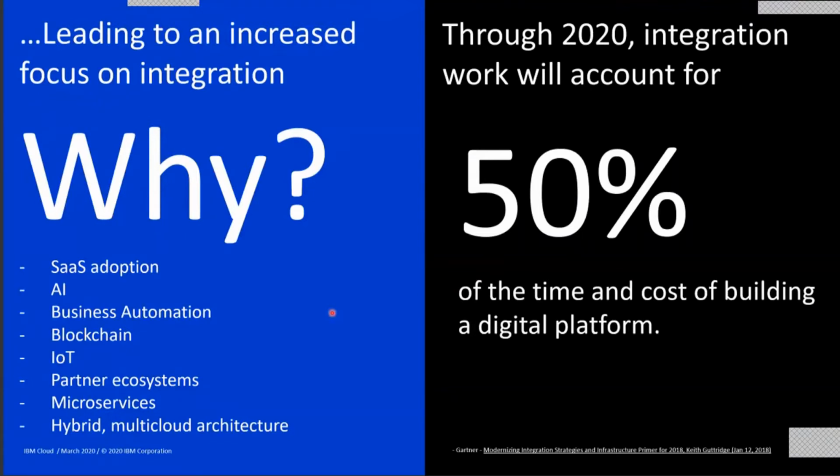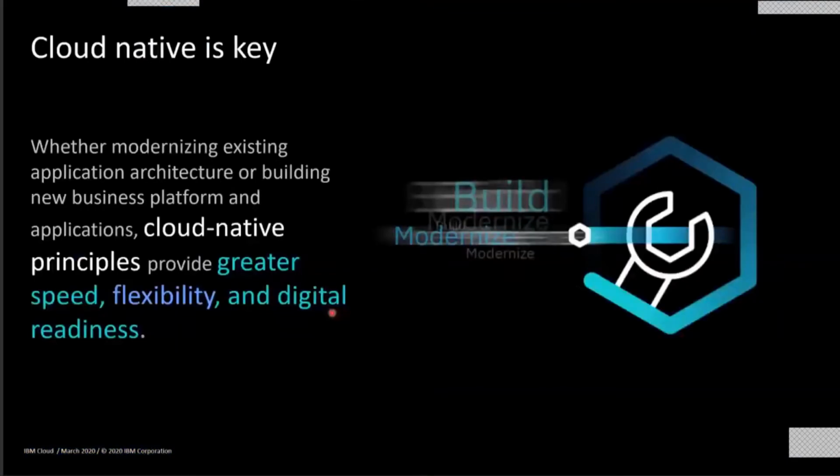Through 2020, Gartner believes that integration will account for 50% of the time and cost of building digital platforms. Cloud native is key. Whether modernizing existing applications, application architecture, or building new business platforms and applications, cloud native principles will be essential if we want to get speed, flexibility, and digital readiness.